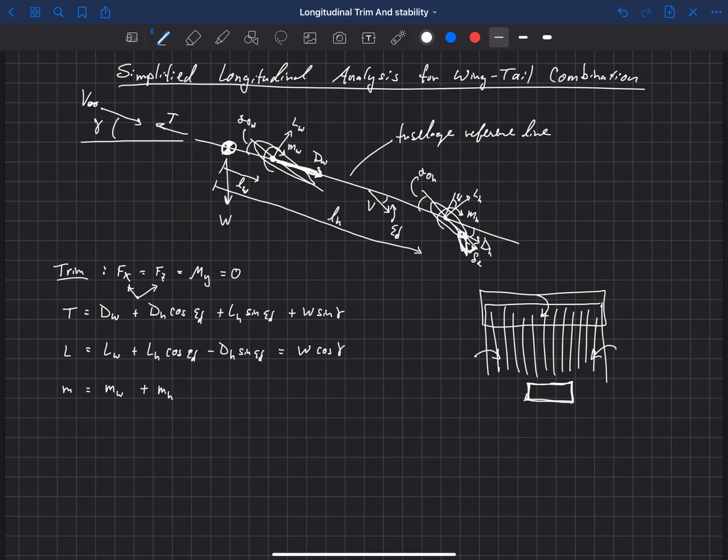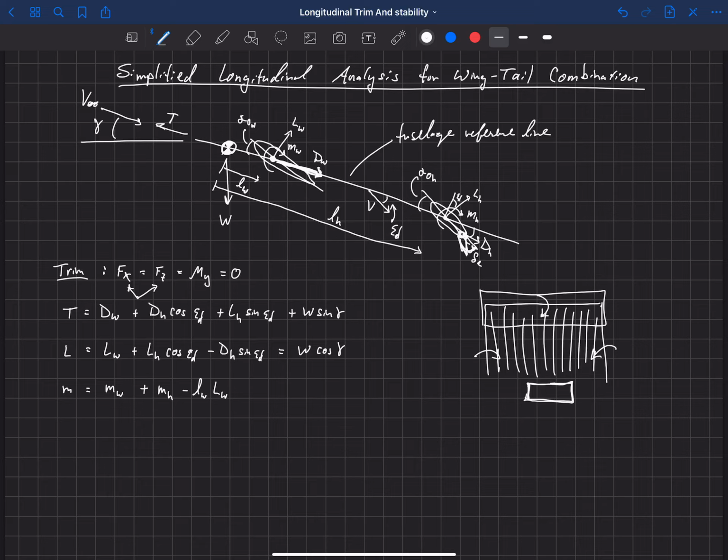But lift from the main wing does, and that's offset by l sub w. So we've got little l sub w times capital L sub w. Little l sub w is what we're using to denote the distance between the center of gravity and the aerodynamic center of the main wing.